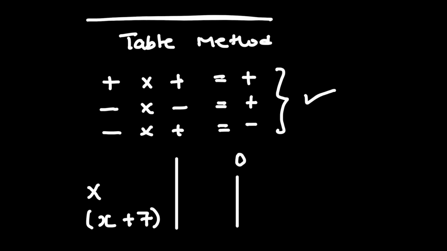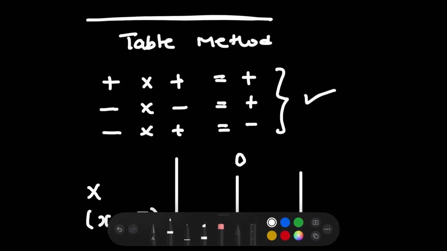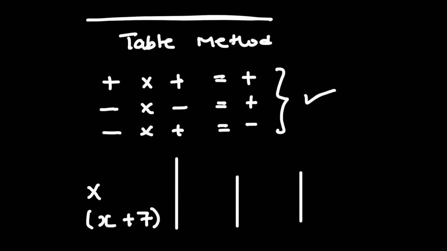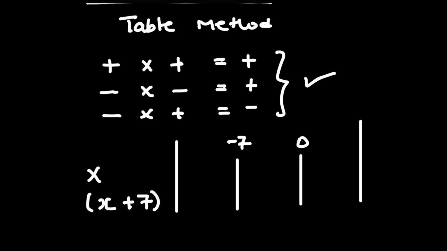So it's 0 and minus 7. Minus 7 and 0, right? We need any value of x that is less than minus 7, and we put it here.